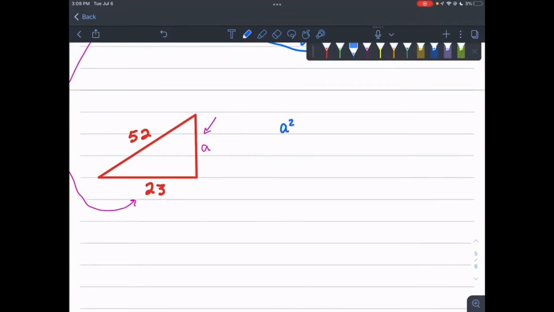So still using A squared plus B squared equals C squared. And then we're just solving a basic Pythagorean theorem problem. So A, we don't know. B is going to be 23. And then C, 52.